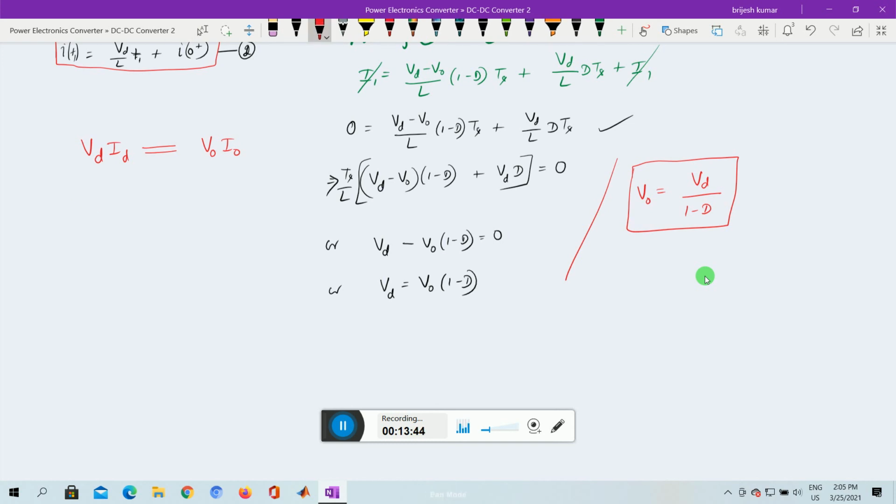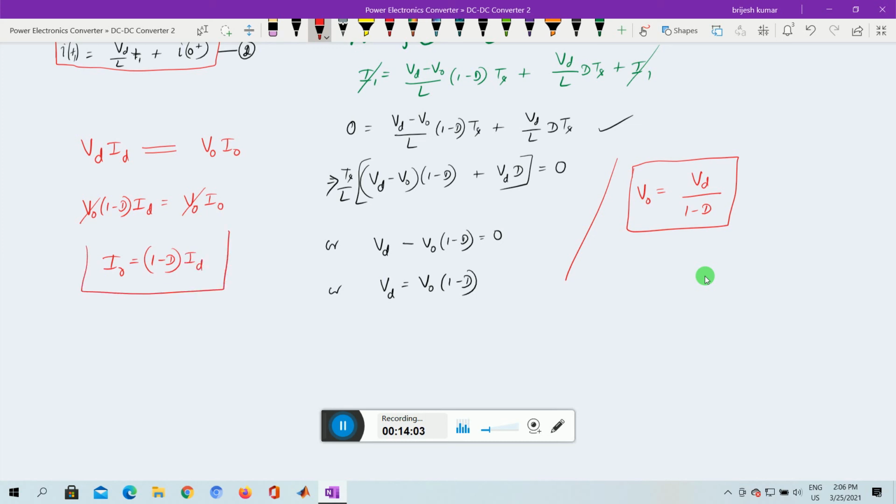Instead of Vd, we can write V0 times (1 minus d) times Id is equal to V0 I0. So V0 cancels out, and we can write another relation: I0 is equal to (1 minus d) times Id.